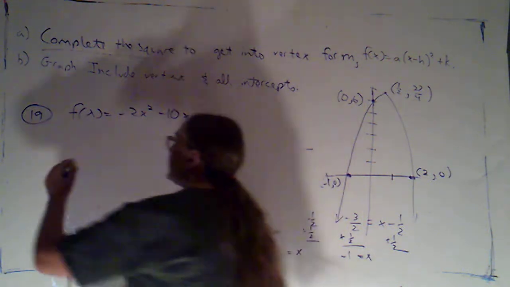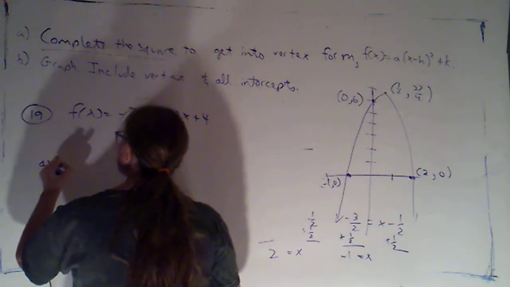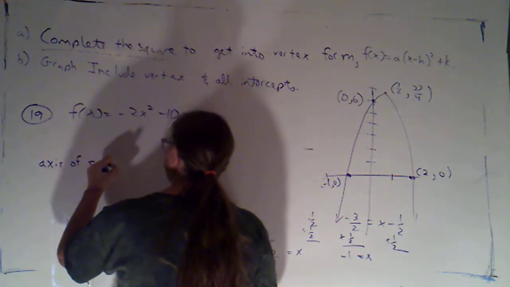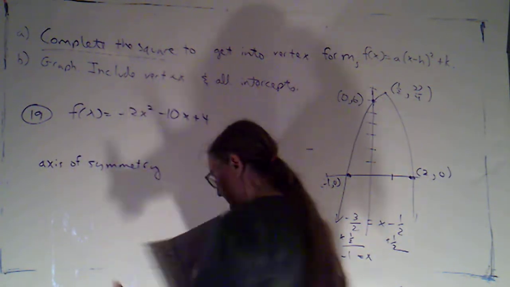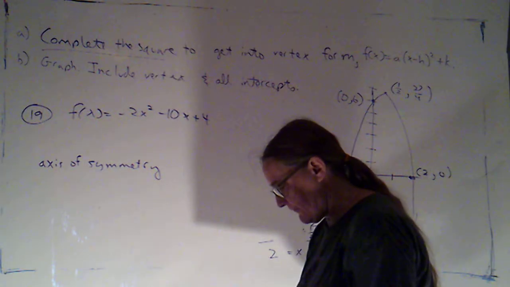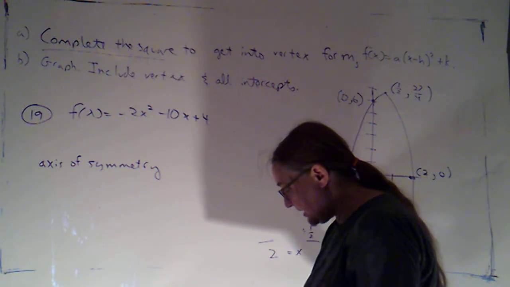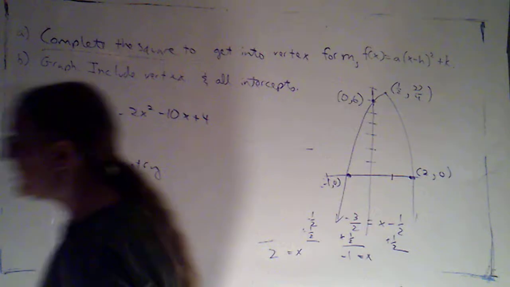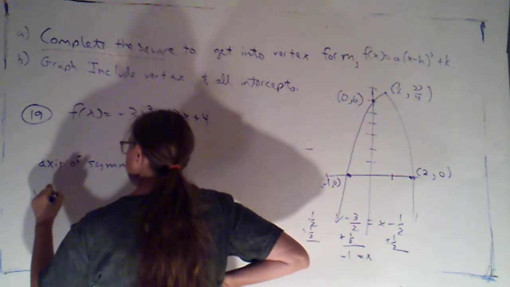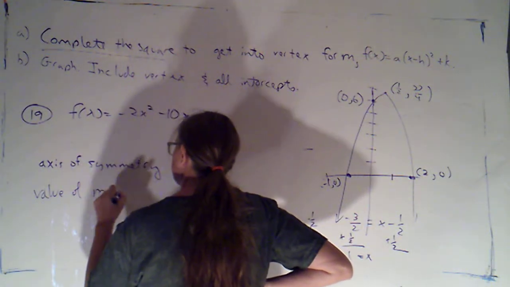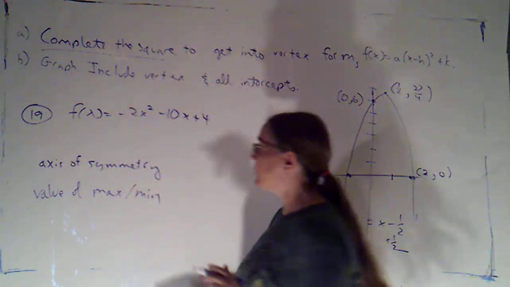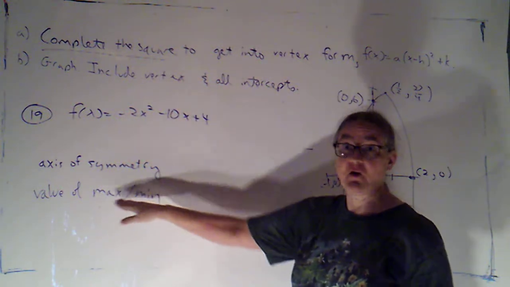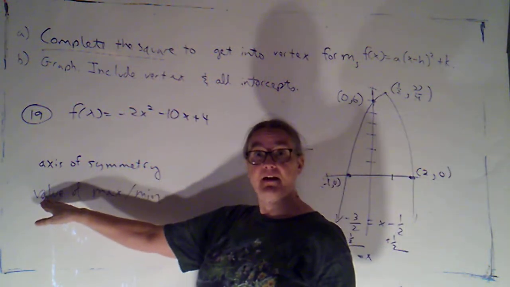Also going to ask for the axis of symmetry. It's going to ask for the value of the max or the min. So with that, tell me whether it's a max or a min, and then give me the value of it.